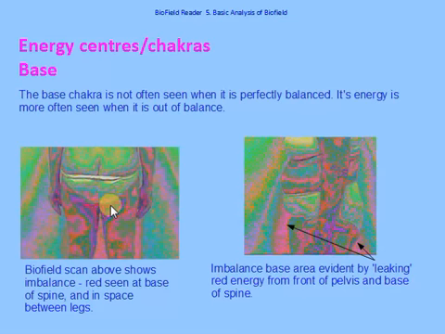We've got red and mauve between the legs at the top of the thighs. We've got a leakage of red here, and on the profile we've just got two arrows showing leakage of red energy from the front of the pelvis and from the base of the spine. She had issues with bladder problems and she'd had a hysterectomy in the past. So that's an out of balance base centre.